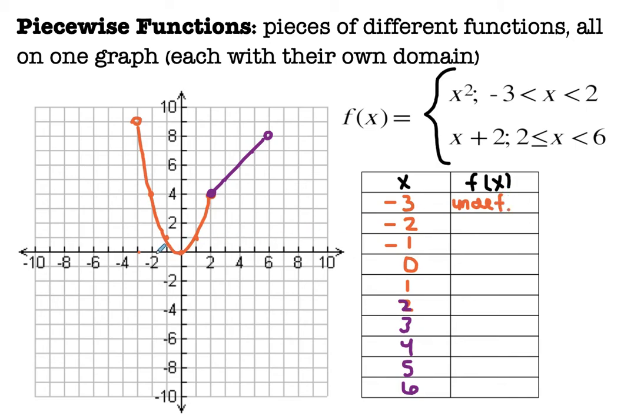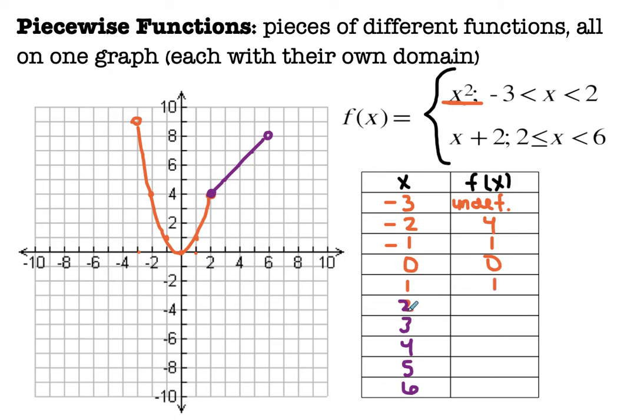Okay, what about -2? If I go to -2 and go up, I reach this point right here, which is 4. So my graph is defined here. Okay, and I'm still in this x squared portion, if you'll notice, because I'm still getting my answers from the orange graph. -1 is at 1. 0 is at 0. 1 is at 1.